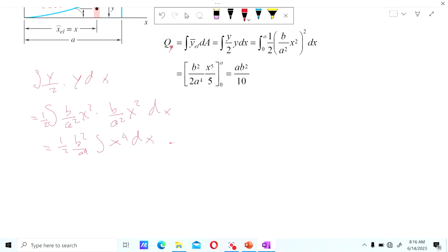Okay, this is equal to 1 half b squared over a to the 4th.